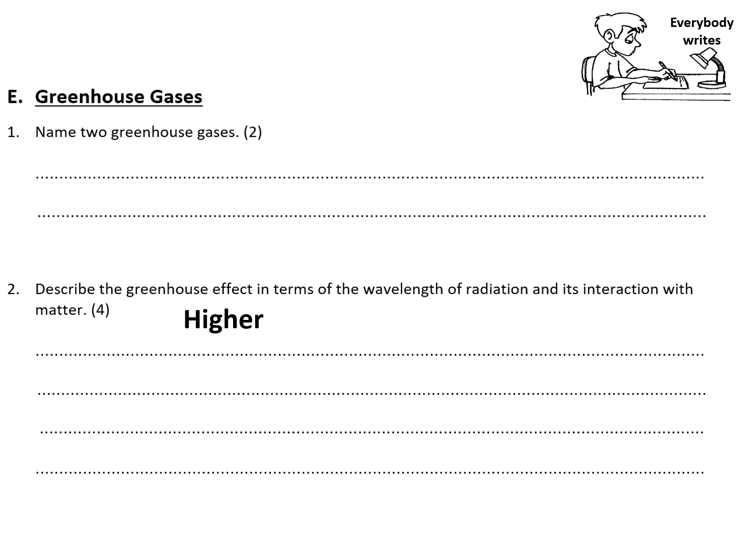Okay, time to green pen. So 2 greenhouse gases, you need any 2 from carbon dioxide, water vapor, and methane. Doesn't matter which 2. And then we go on to describe the greenhouse effect.